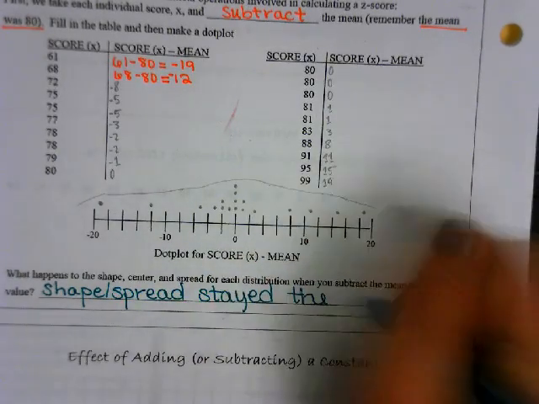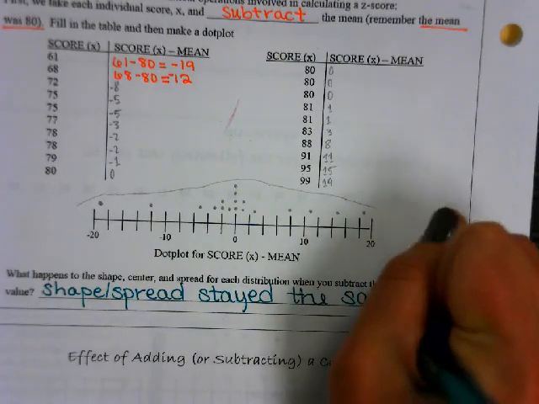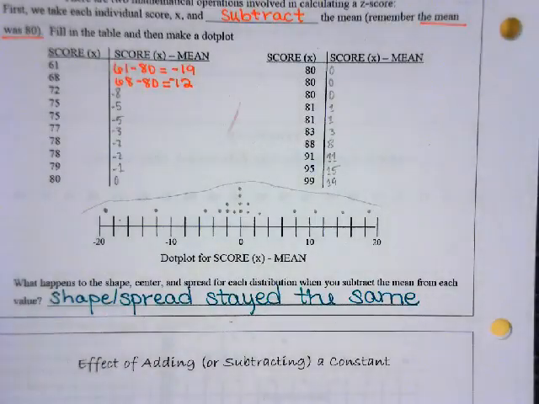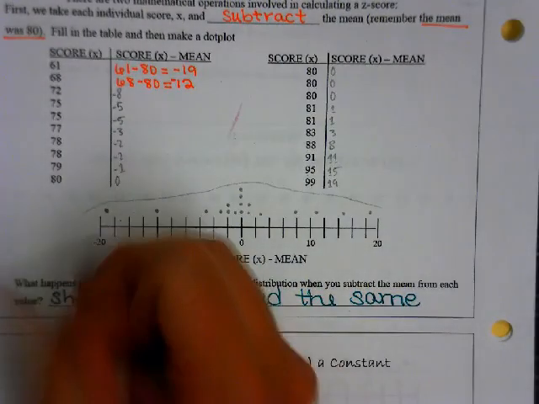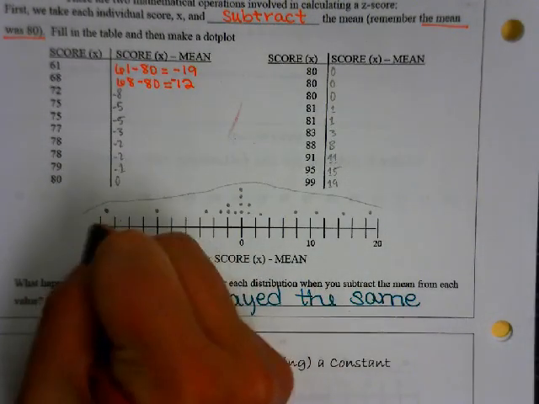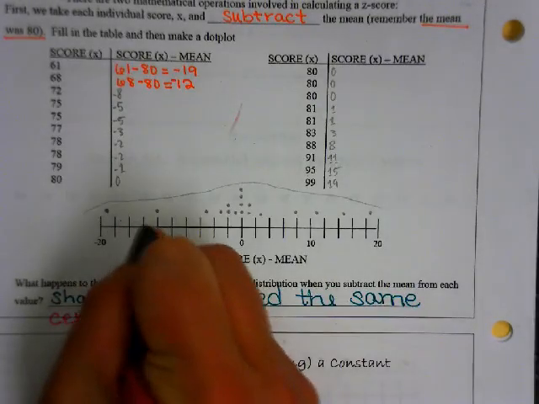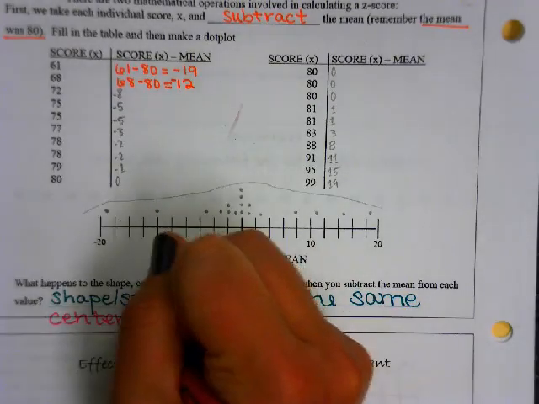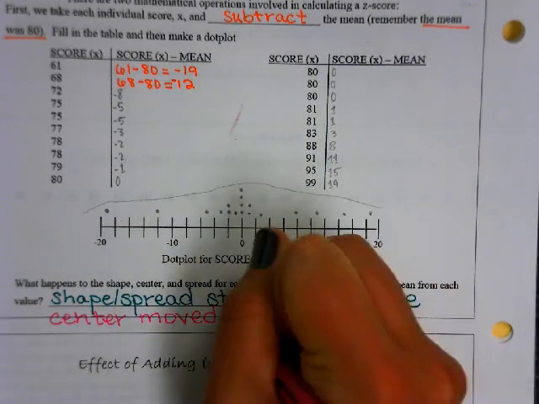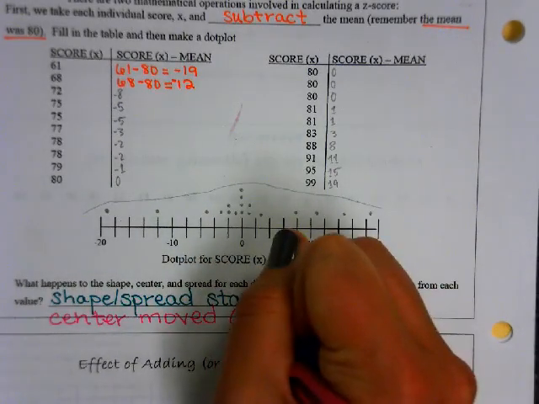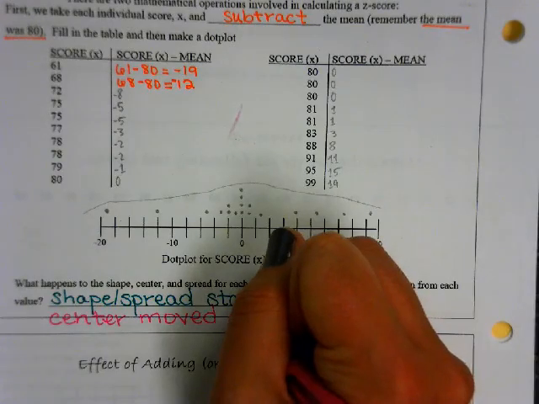Our center went from 80 to 0, which happened to be what we were subtracting. We subtracted 80 from every score. 80 to the left.